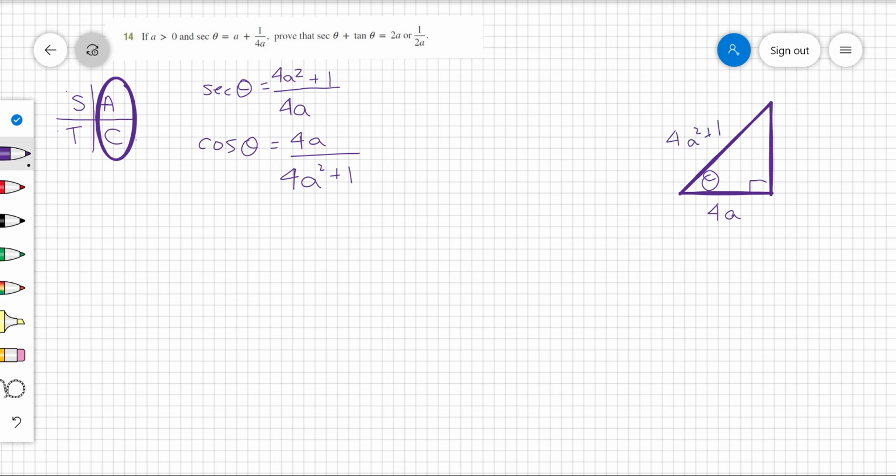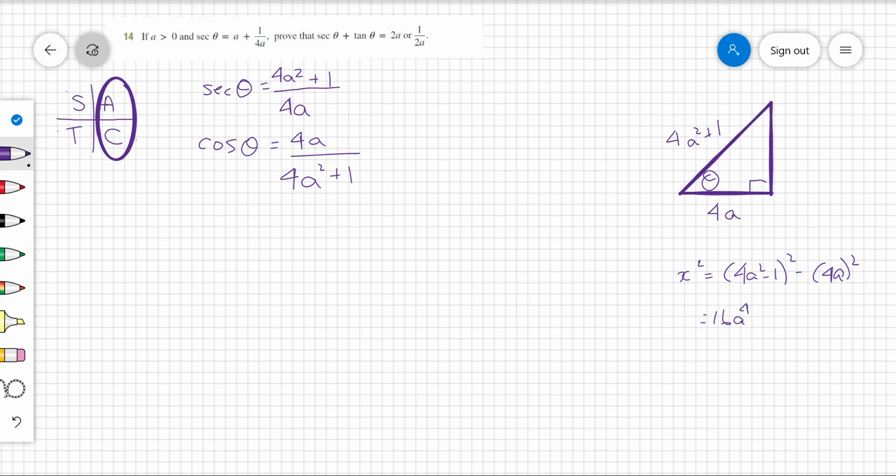Now, if you do Pythagoras on that, I think I'll quickly do it. I'm looking for, let's say, x. Let's make that side x. So for the x squared side, I'm going to take the hypotenuse squared, take away the adjacent squared.